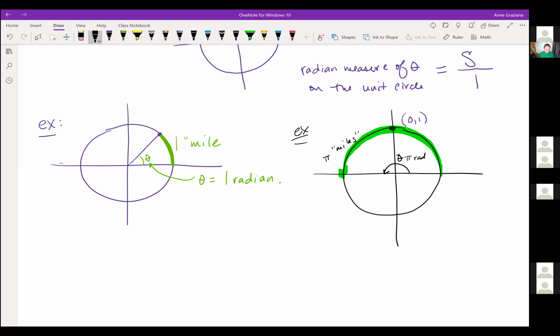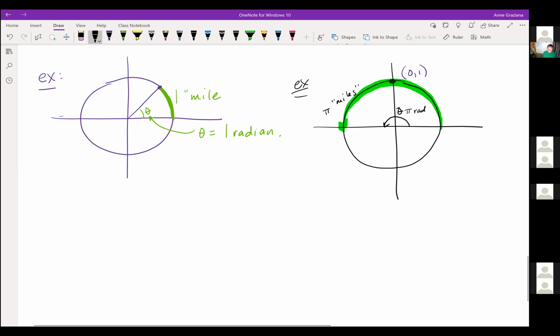Okay, so this one is significant because what other angle are you aware of that looks like this one I just drew? What other angle in geometry have you seen before that is that measure? 180 degrees, exactly. So from geometry, hopefully in high school you saw this at some point, an absolutely flat angle like this is 180 degrees.